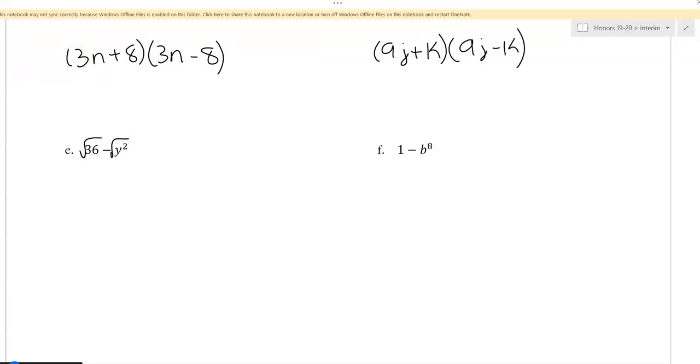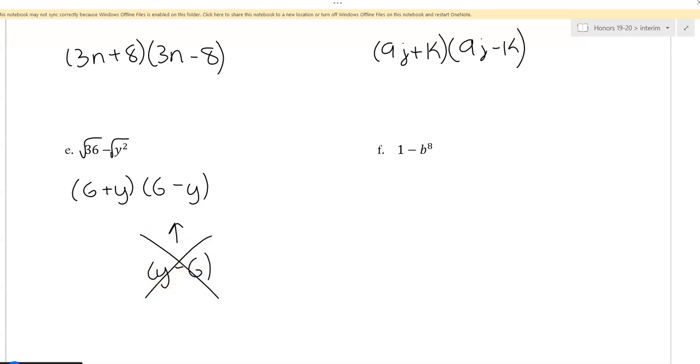Last one, 1 minus b to the 8th. The square root of 1 is just 1. When I take the square root of exponents, you're just cutting the exponent in half. If I have b squared and square root it, that's b. If I have b to the 4th, that's b squared.